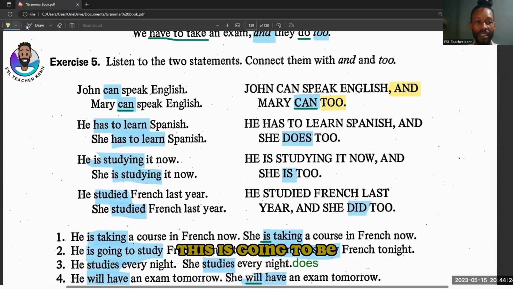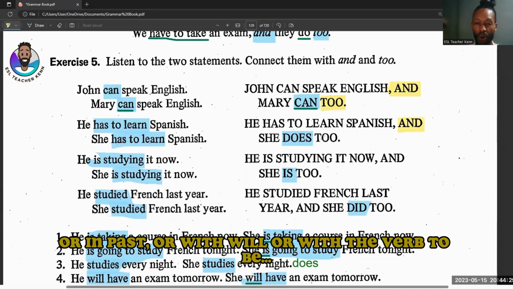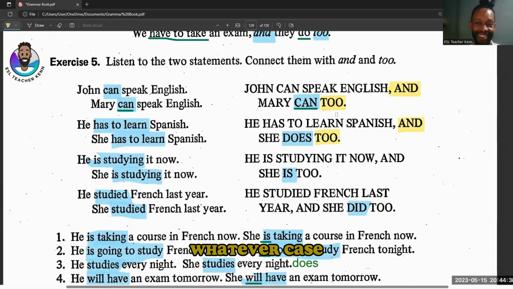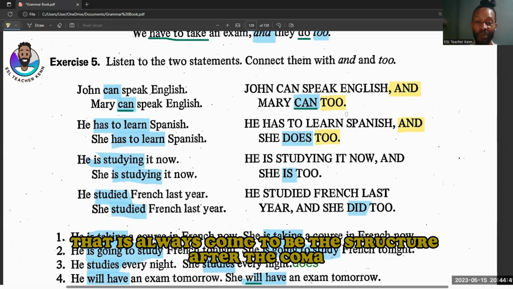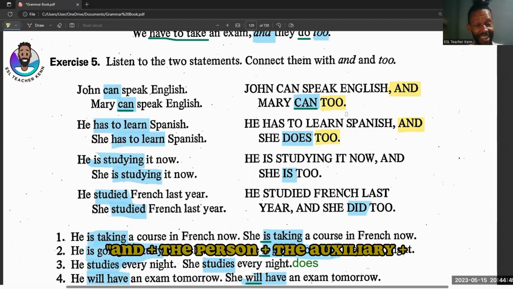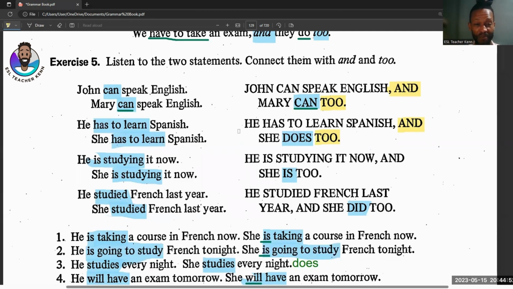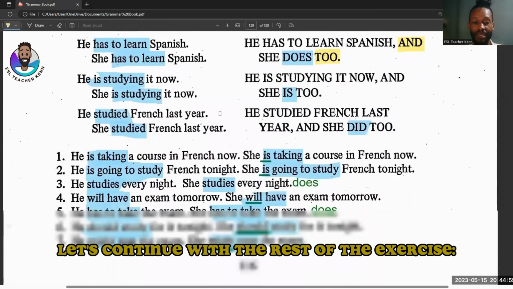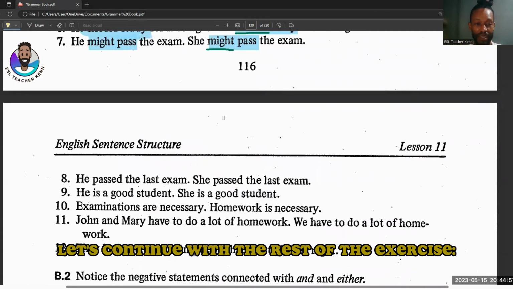This is going to be whether it's in present, or in past, or with will, or with the verb to be, whatever case, that is always going to be the structure after the comma. And the person, the auxiliary, "too." Let's continue with the rest of the exercise.